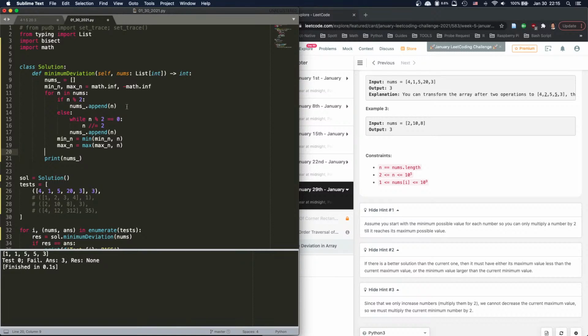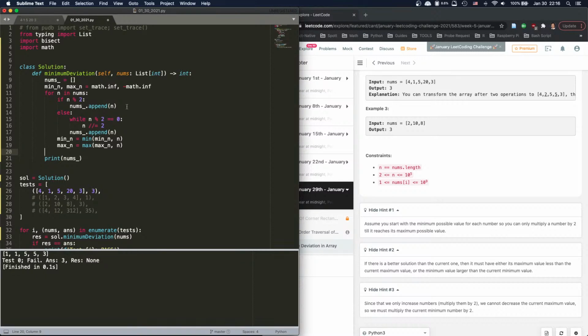If there is a better solution than the current one, it must have either its maximum value less than the current max value, or the mean value larger than the current mean value.